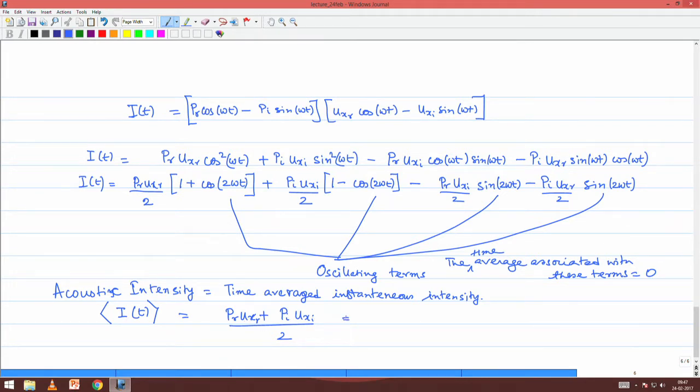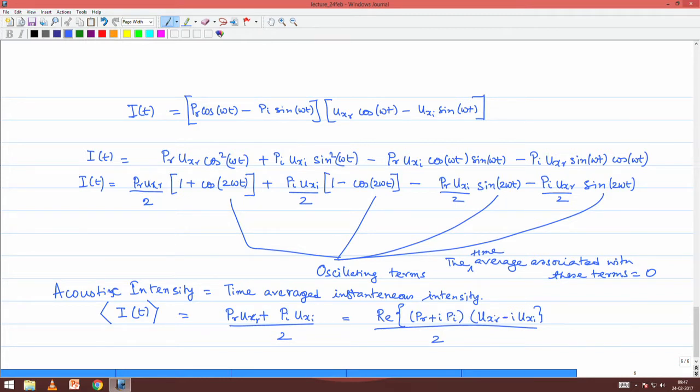This could have been written in a much simpler way if we said it is the real part of P r plus I P I into u x r minus I u x I by 2, right.